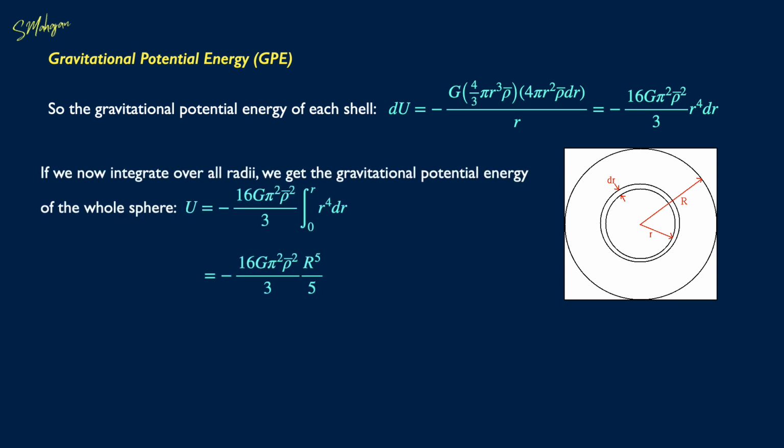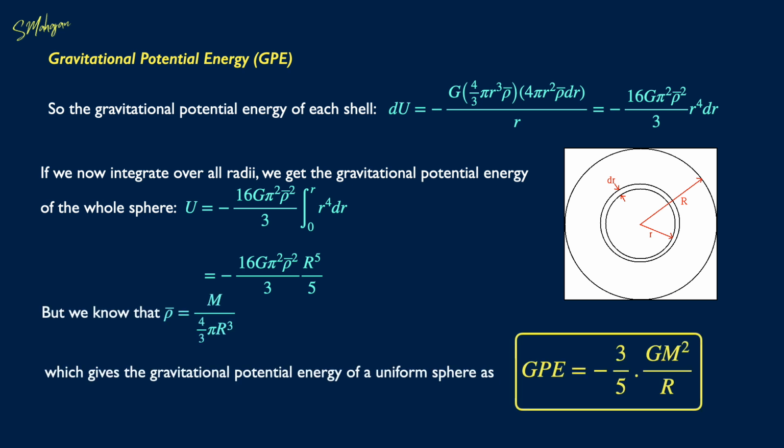If we now integrate over all the radii, we will get the gravitational potential energy of the whole sphere. In other words, this is the work done that was used in bringing all of the particles in the sphere and combining them together. So this potential energy is given by the expression minus 16 G pi squared rho bar squared by 3 times r to the power 5 by 5.